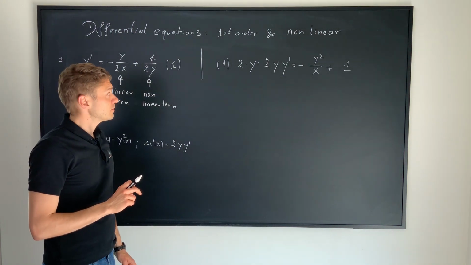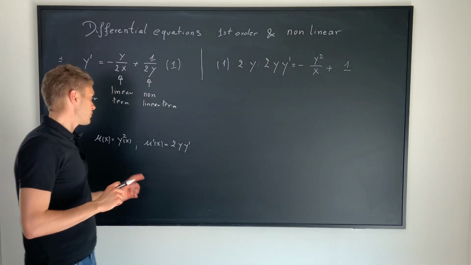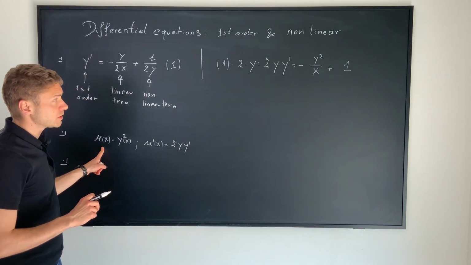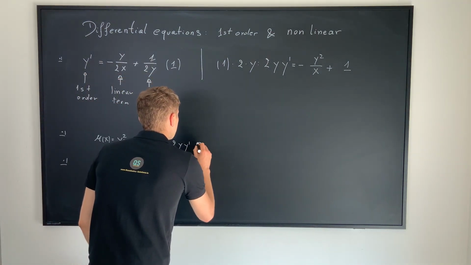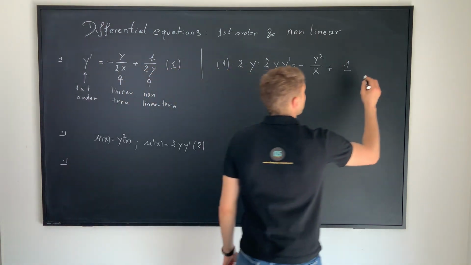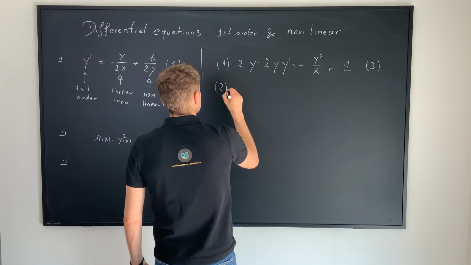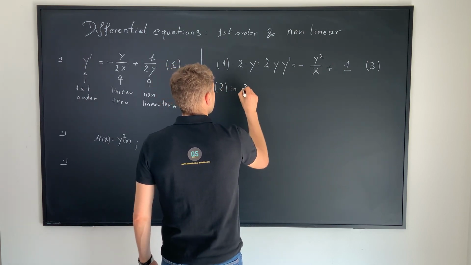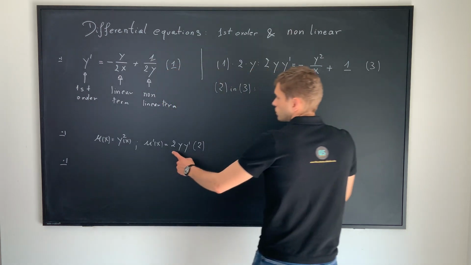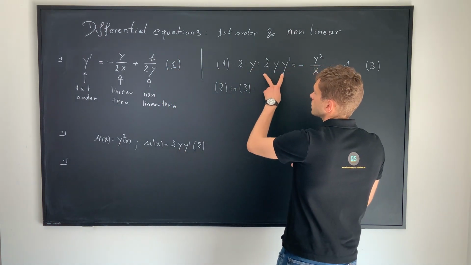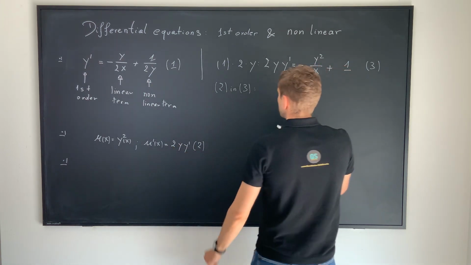So this is then the linearized differential equation. And so what we can actually do now is using our substitution here and introducing it into this expression. So we will call this here 2, and this we will actually call here 3. So what we will do is we will introduce 2 in 3, so in this equation, and what we will obtain is 2 times y prime, so this expression here, which is equal to the derivative of the function u.